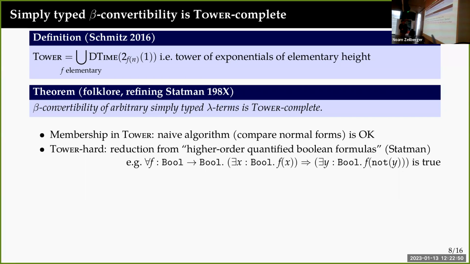And here you allow for all functions from Booleans to Booleans, or even functions of higher orders. For instance, this formula here is trivially true. It's an instance for which you must answer true. It says: for all f from bool to bool, if there exists a bool x such that f of x, then there exists a bool y such that f of not y. You just take y equals not x.